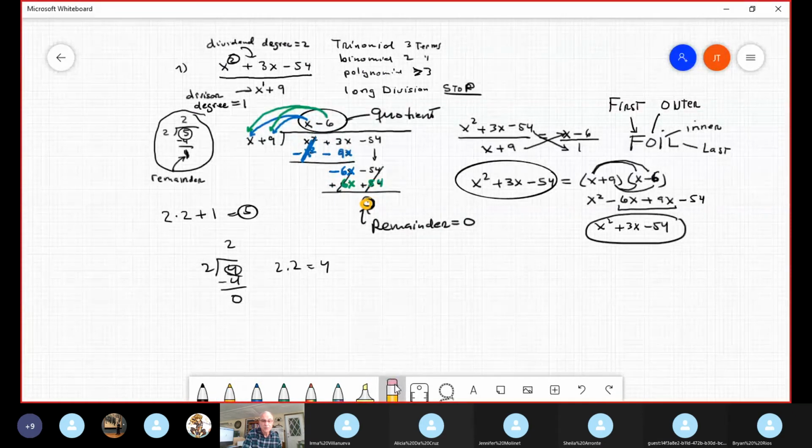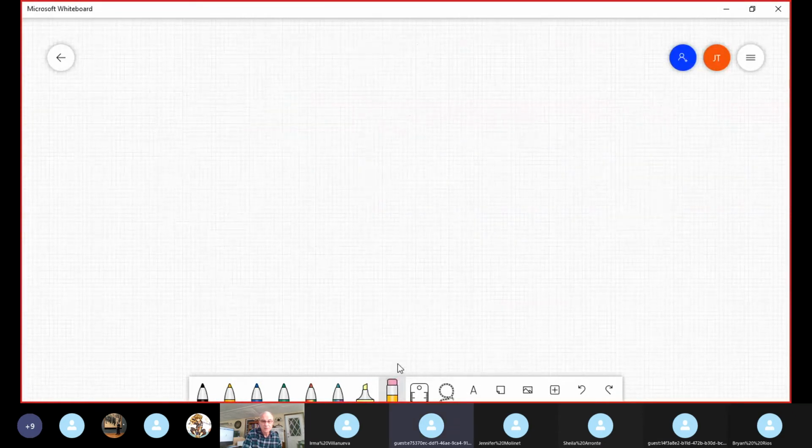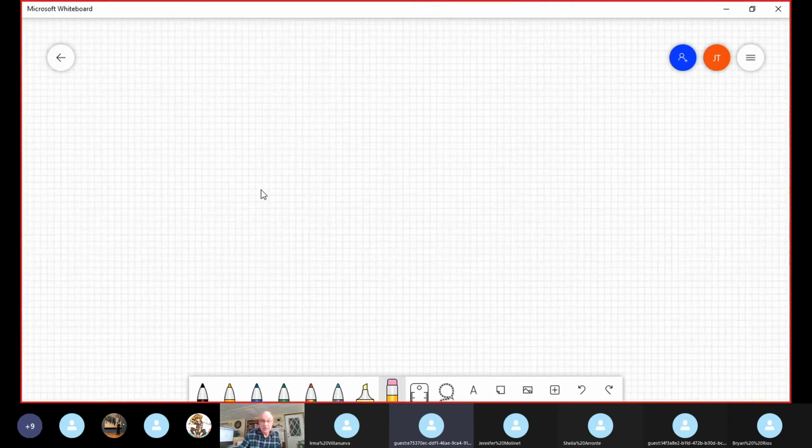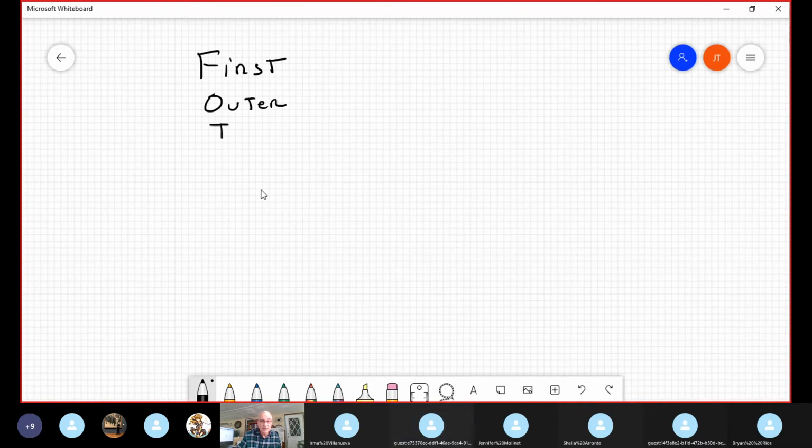No, okay. It's just that when you wrote FOIL, it's a math term, and that's the meaning. It's whatever is on the text. It's an acronym: first, outer, inner, and last. This is a mnemonic device.